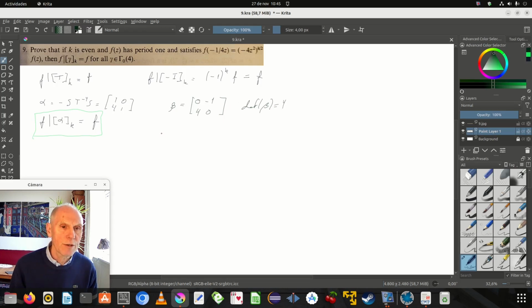And that means that f of z beta k equals the determinant to minus k halves times f of 4z to the kth.